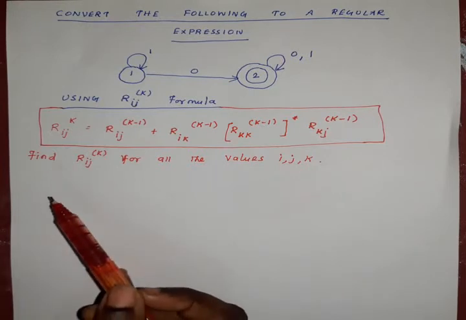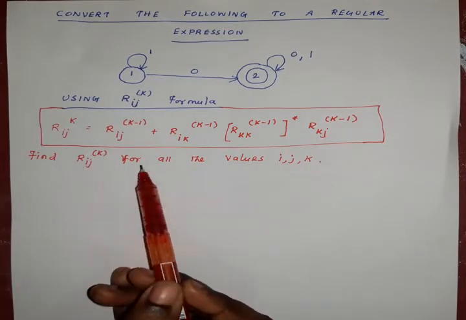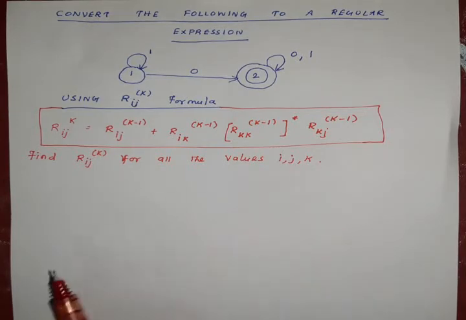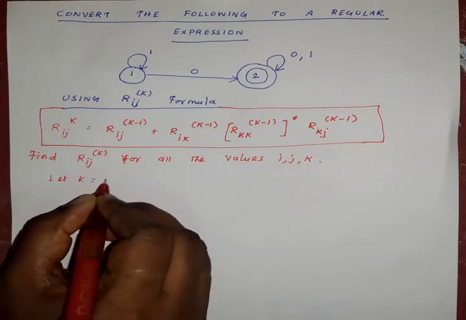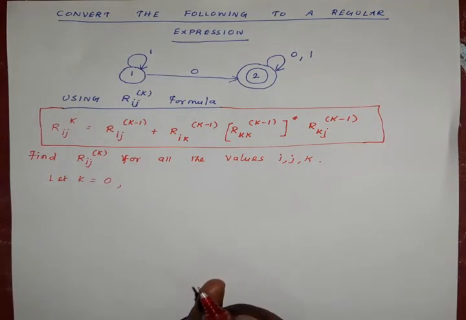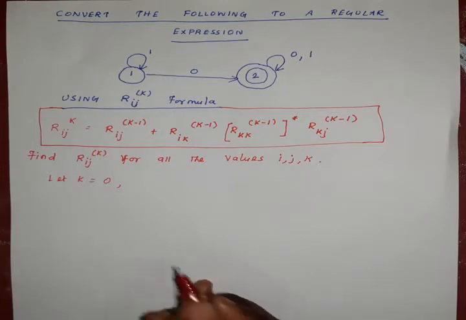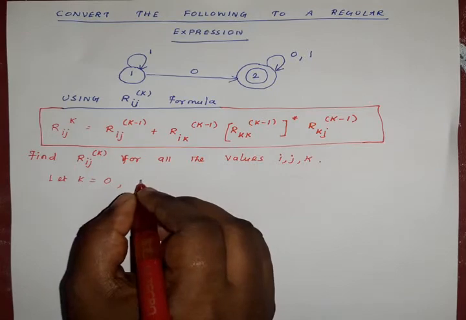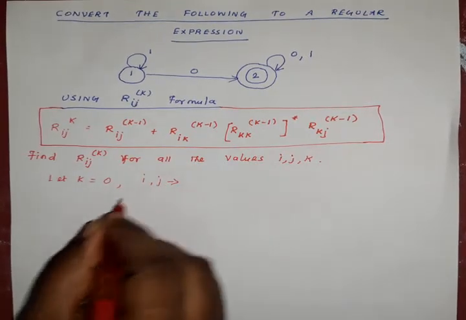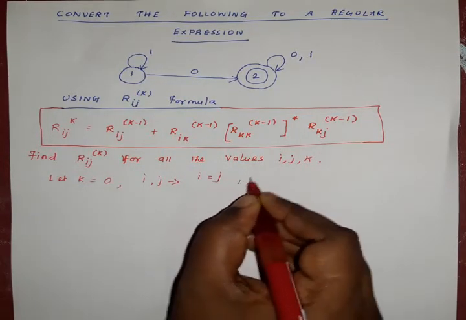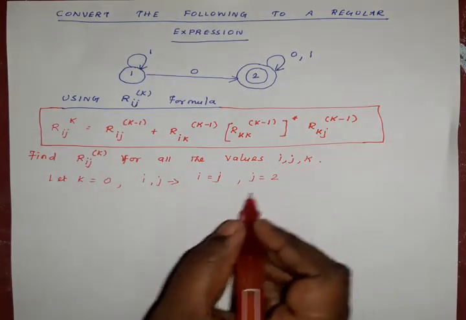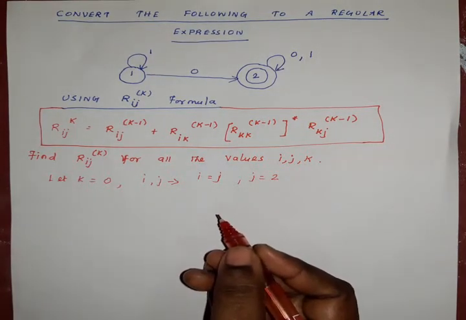Now we are going to find R_ij^k for all the values of I, J and K. Initially we take k is equal to 0, where k is the number of intermediate nodes. For the values of I and J, I is 1 and J is 2. So for this we are going to perform 4 combinations.